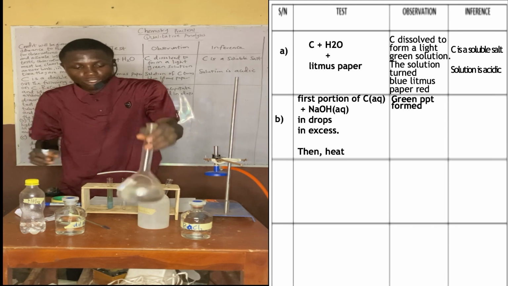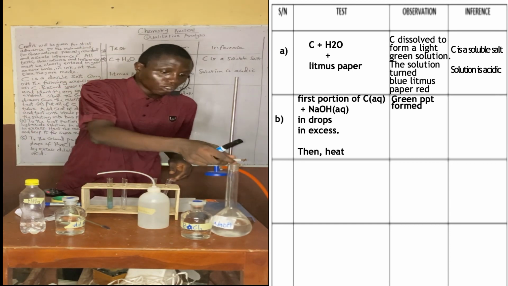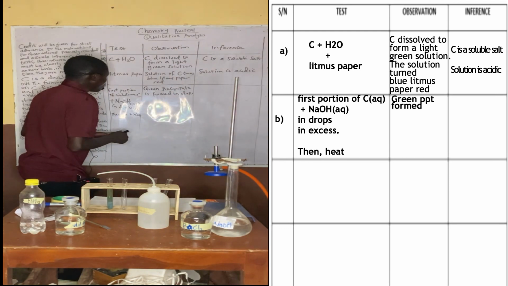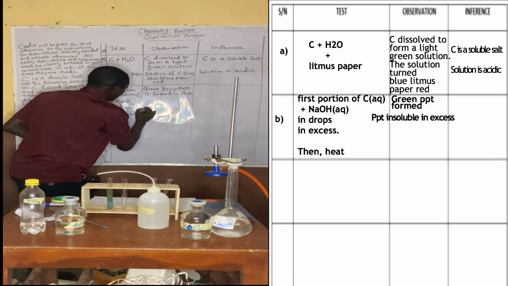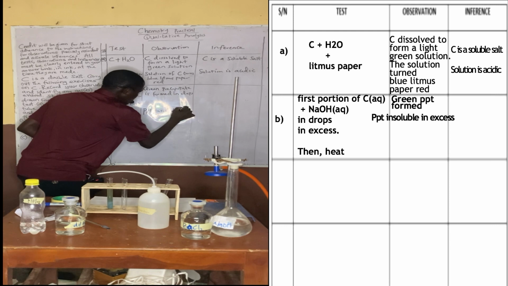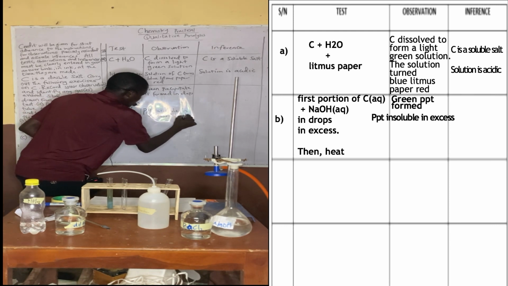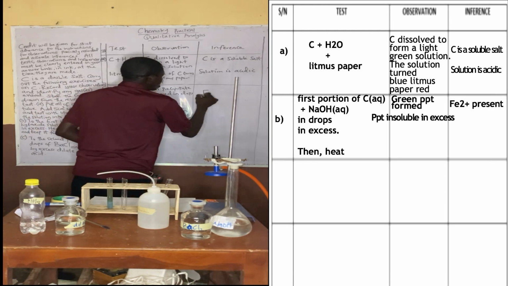This is the confirmatory test for iron 2. The precipitate is insoluble in excess sodium hydroxide.